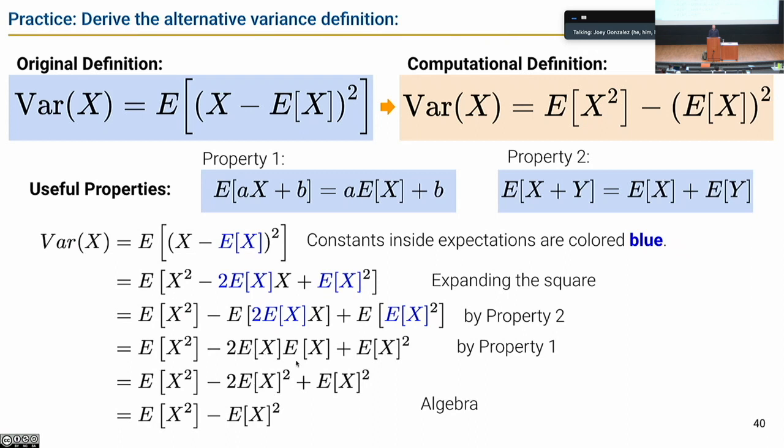So this is basic algebra. And so I now have 2 expectation of x squared plus 1 expectation of x squared, which leaves me just minus 1 expectation of x squared. So just algebra. I'm terrible at algebra, so I work out every single step. This is how you derive this equation from this equation using just the 2 properties we've learned in class.